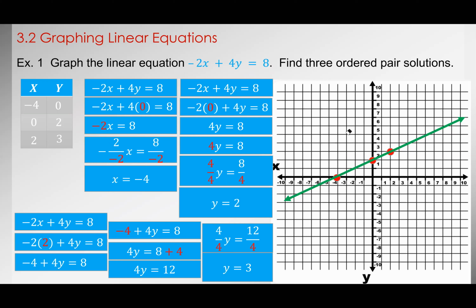But hopefully you guys see that the only thing new in 3.2 is after you fill in your table, you have to take that table value and plug it into your rectangular coordinate system, or your x and y coordinate plane, okay?